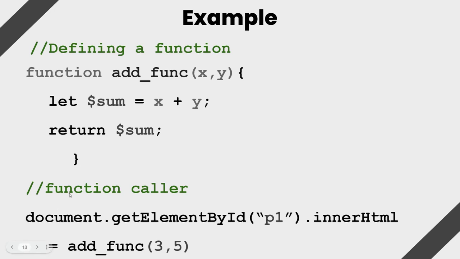Now, looking at our function caller, or we could also call that where we called the function. Here we have the document.getElementById, which is equals to the function being called itself. So you can see here that there is a slight difference with the first example we saw. Here, the document.getElementById would be assigned the function caller, which is this function name and this list of parameters.